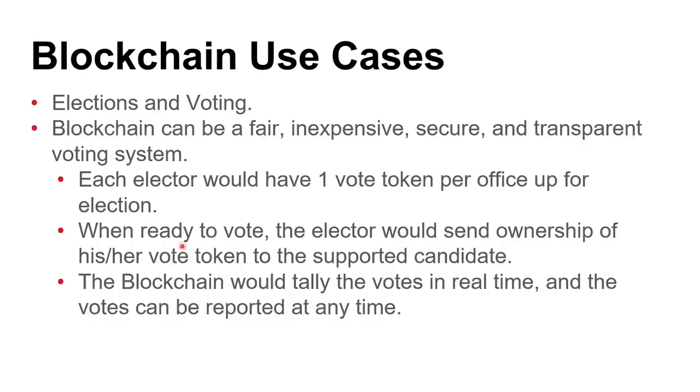Then when ready to vote, the elector would send the ownership of his or her token to the supported candidate. So to the candidate for U.S. senator, to the candidate for U.S. Congress, and to the candidate for mayor. The blockchain would instantly tally the votes in real time, and the votes can be reported on at any time.